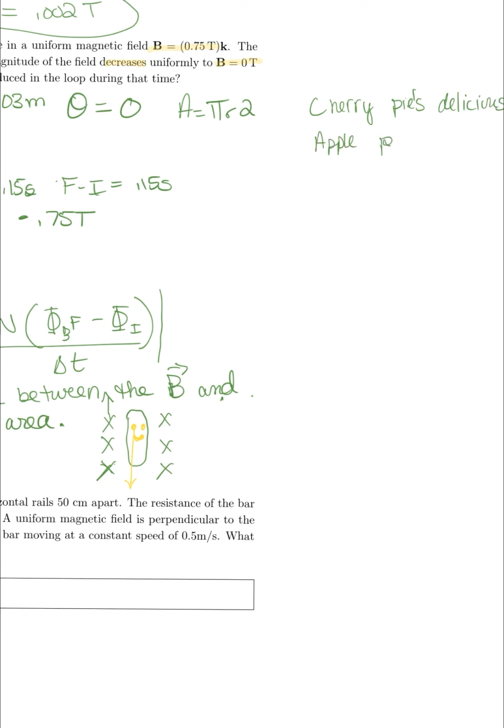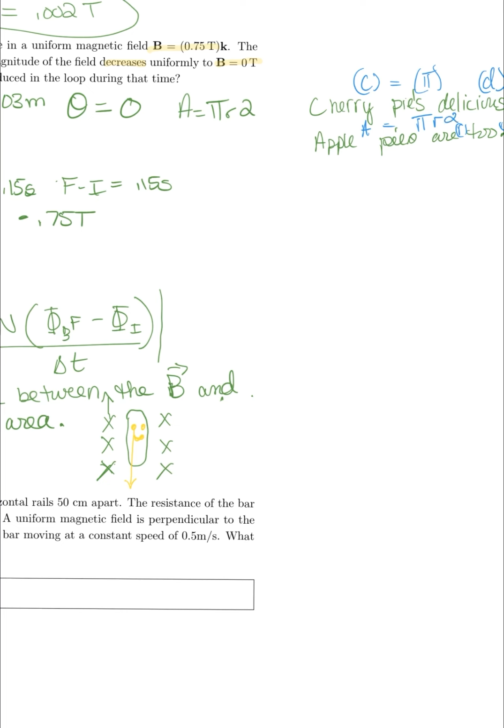Apple pies are too. So this is circumference, pi, d, right? And this one is A equals pi r, this is r, and this is 2, pi r squared.